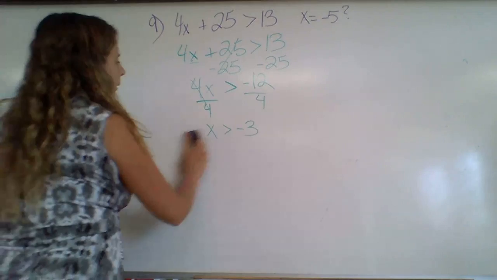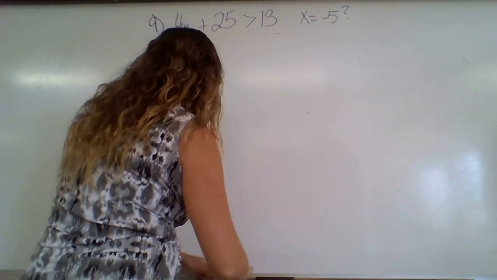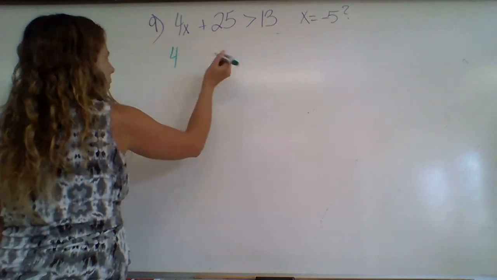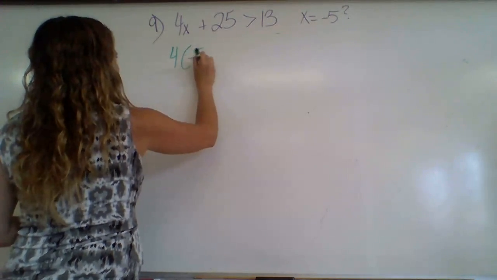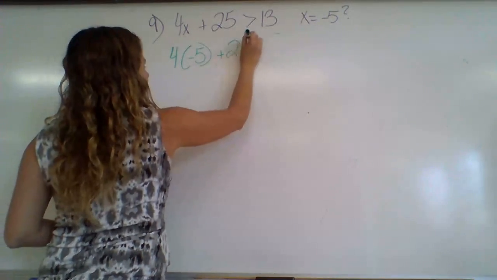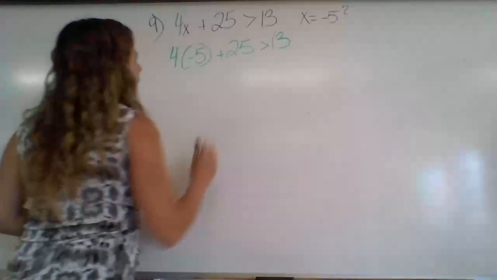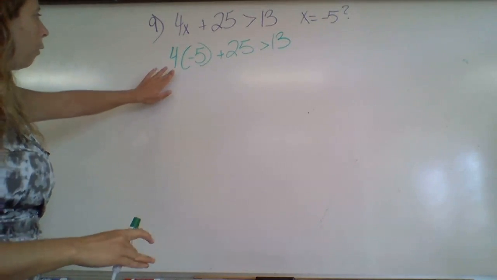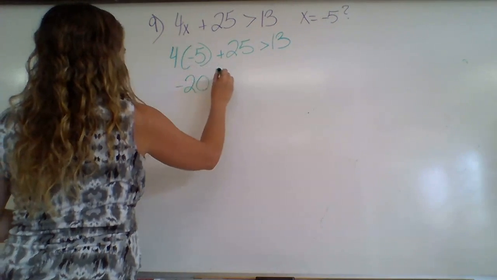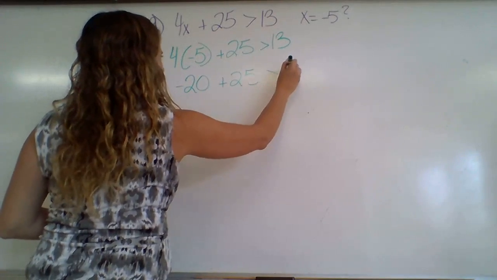Okay, the other way is you can just substitute it in right away. So 4 times -5, and then rewrite everything else, plus 25 is greater than 13. Okay, and then just reduce it. So 4 times -5 is -20, plus 25 greater than 13.